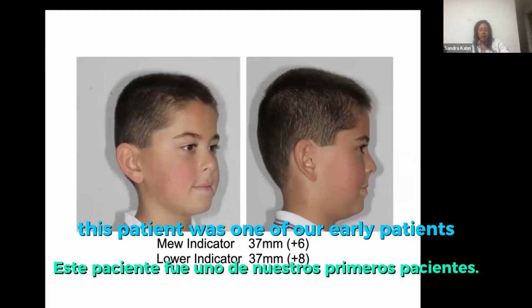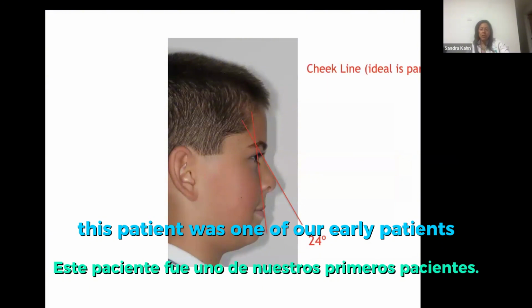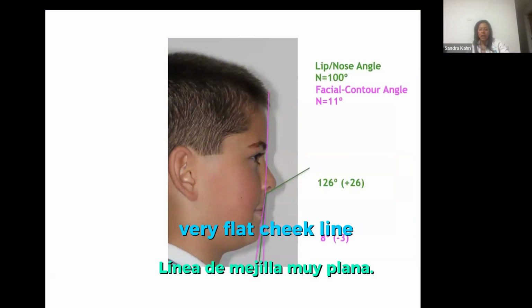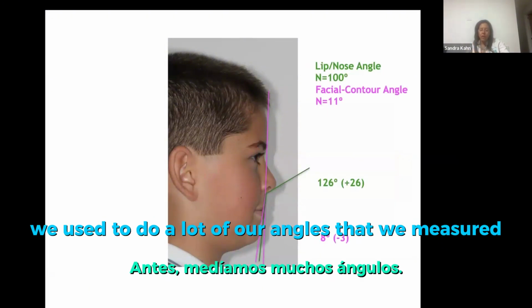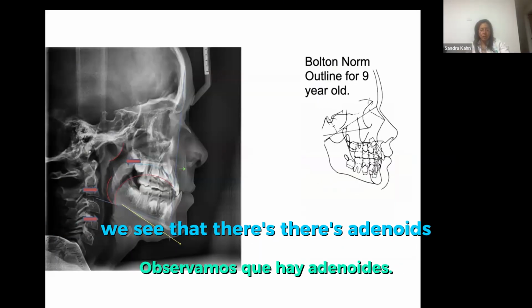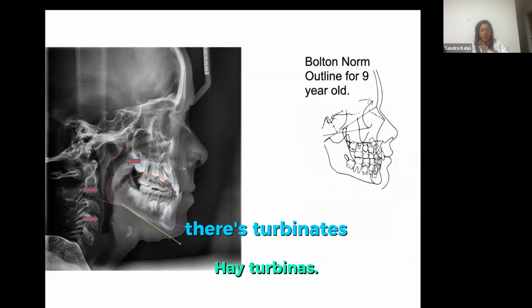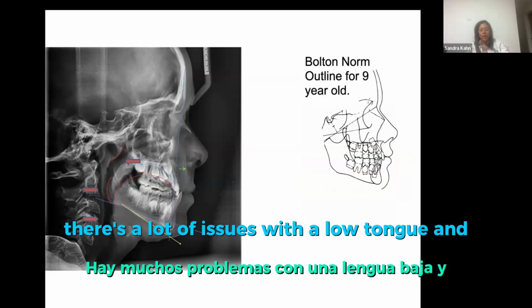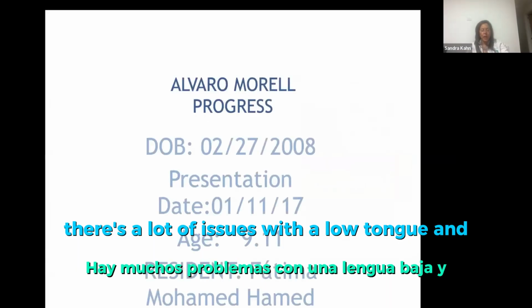This patient was one of our early patients, very flat cheek line. We used to do a lot of our angles that we measured. We see that there's adenoids, there's turbinates, there's a lot of issues with the low tongue.